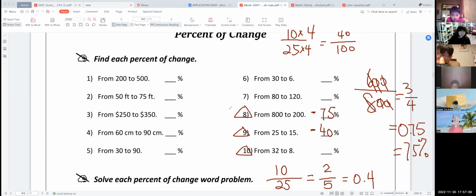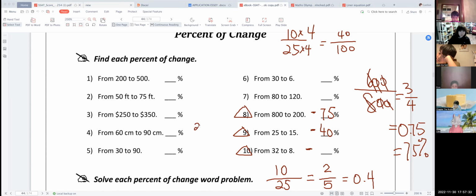Okay, last question, Evan. I want you to tell me 32 to 8 is decreasing or increasing? Decreasing. Decreasing by how much? 24. Very good. So immediately I'm going to put a negative sign in front of it.